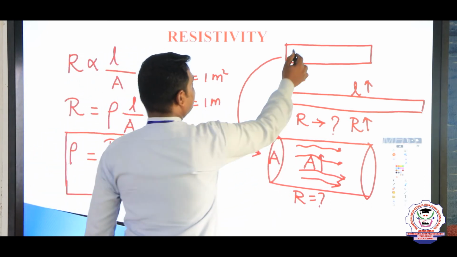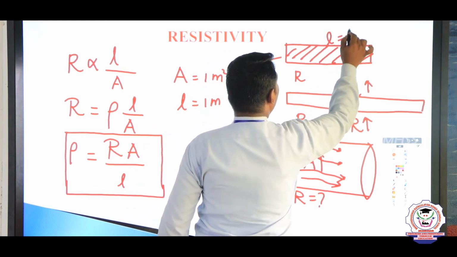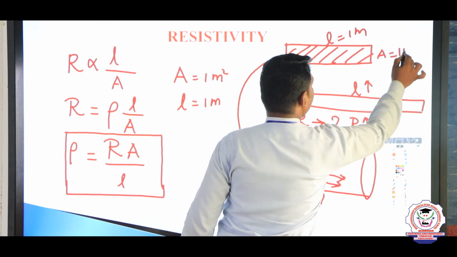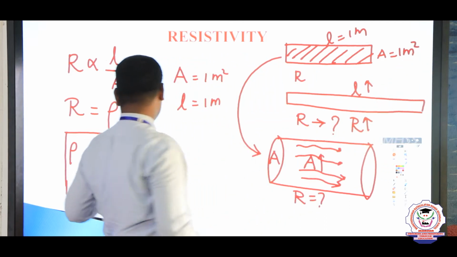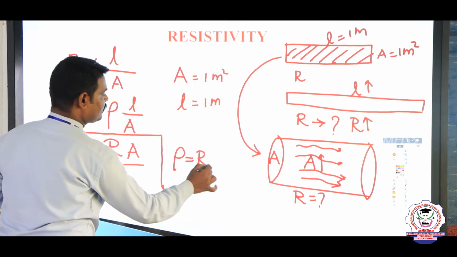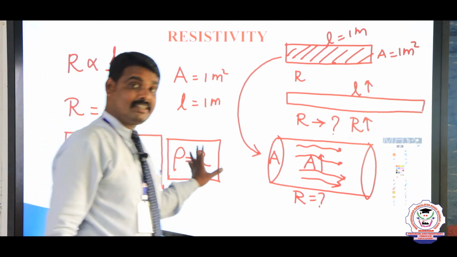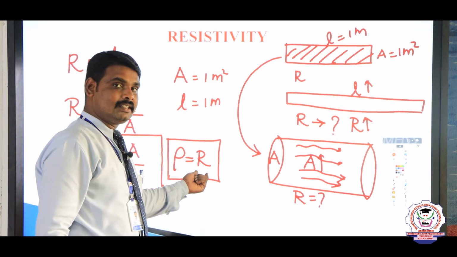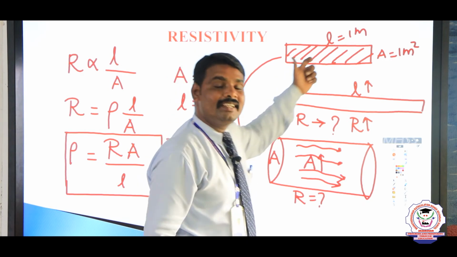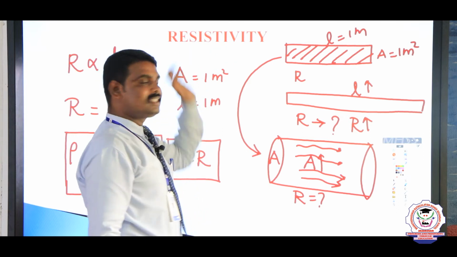If I take this conductor length L equal to 1 meter and area of cross section 1 meter square, and substitute in this equation, rho equals R. Rho is the resistivity. The resistivity is nothing but the resistance in that conductor, when the length is 1 meter and the area is 1 meter square.